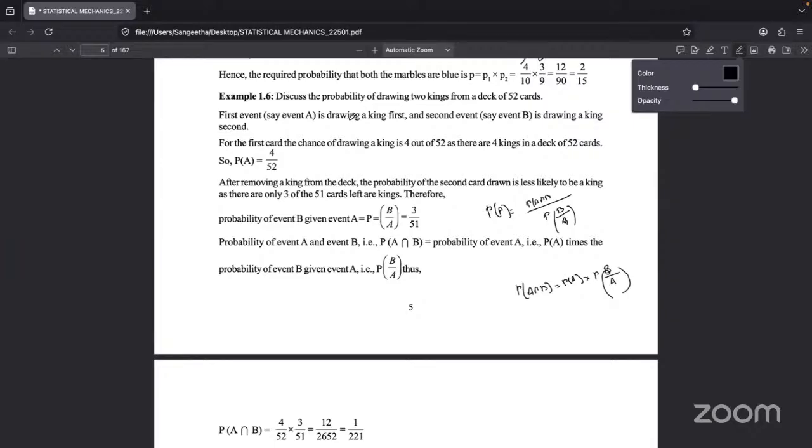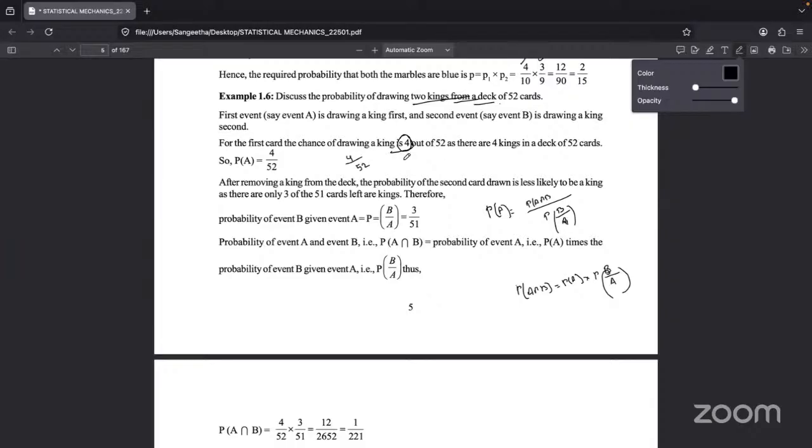Discuss the probability of drawing 2 kings from a deck of 52 cards. Actually here, the chance of the first card being a king: how many kings do we have? 4 kings. So the first probability we take is 4 by 52. Here the question is without replacement.